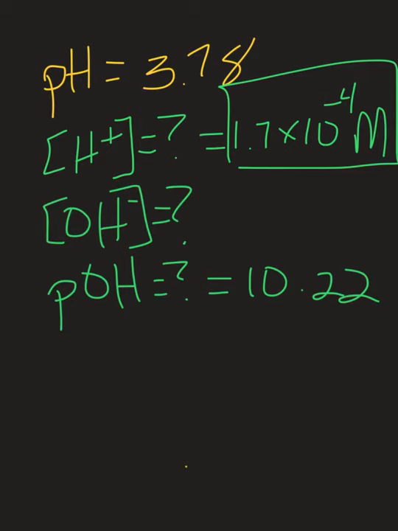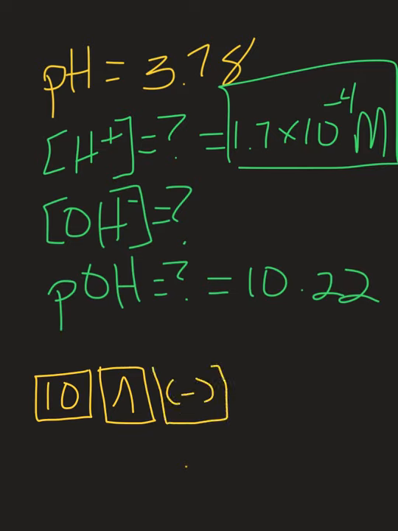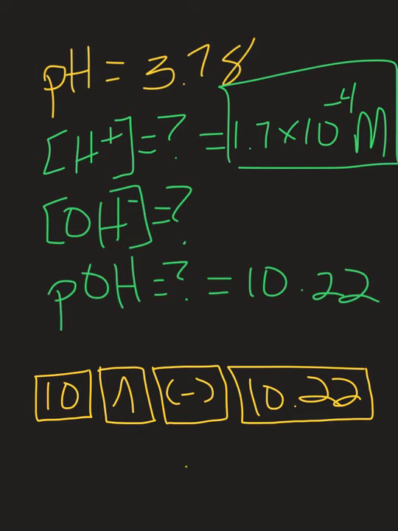So once again, on your calculator, you will hit 10, that little caret button that points up, negative symbol, 10.22. And then of course the equal sign. Alrighty, and that should give you, for the hydroxide ion concentration, 6 times 10 to the negative 11 molar.